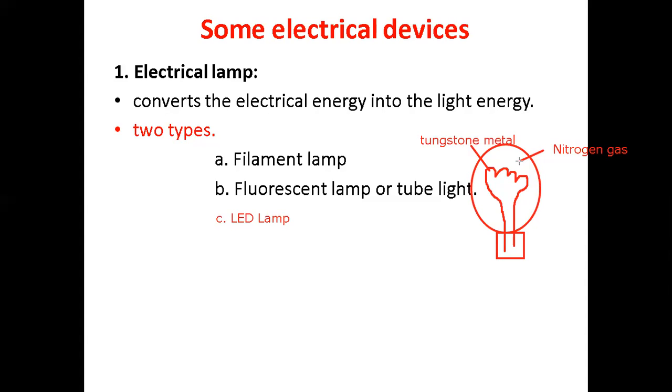This filament lamp gives 70% heat and only 30% light. 30% of the energy is converted into light in a filament lamp. 70% of the electricity is utilized as heat energy, and only 30% is converted into light energy.